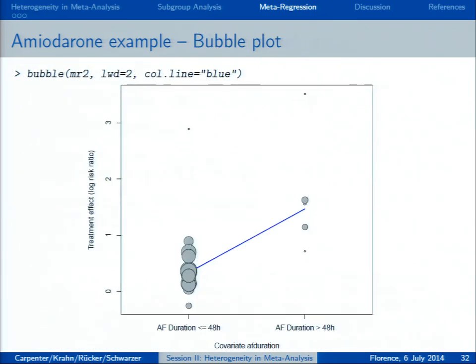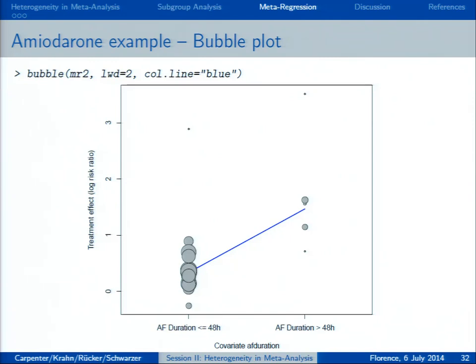We can do a bubble plot, which is quite a nice way to visualize this, especially if we've got a variable which is continuous, or ordinal. Here we've just got two categories. What we see here are the study effects, and the size of the circle is proportional to the information contained in those studies, in other words, 1 over the variance.